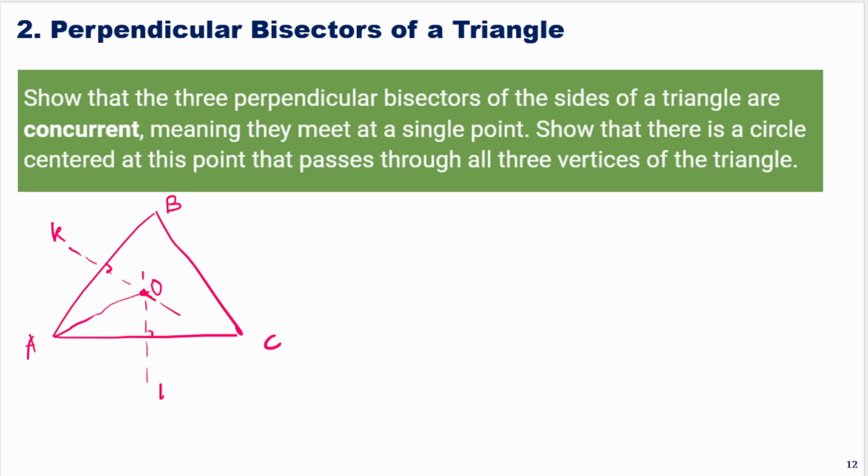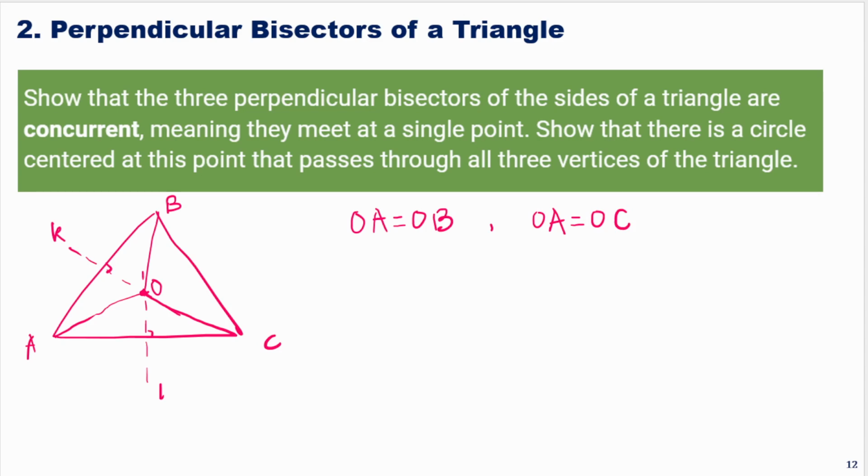We can connect OB, OC, OA. We know that OA must equal OB because it's on the perpendicular bisector of segment AB. Similarly, since O is on the perpendicular bisector of AC, we also have OA equals OC.